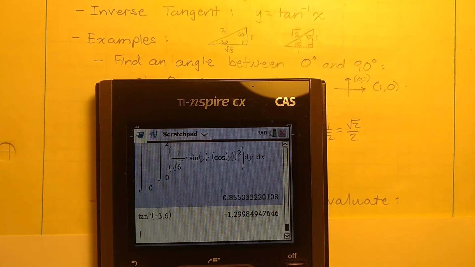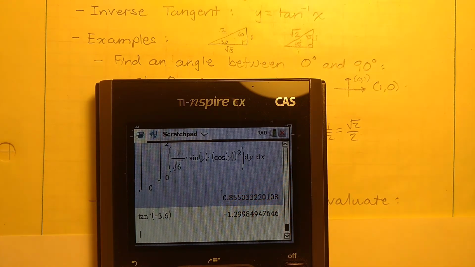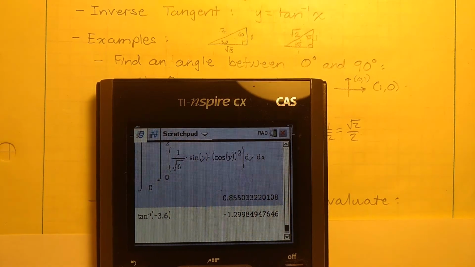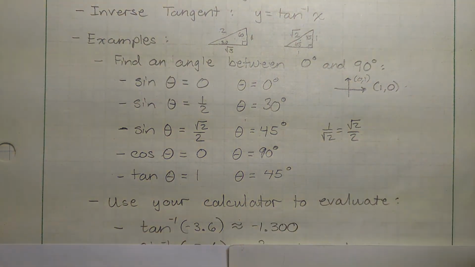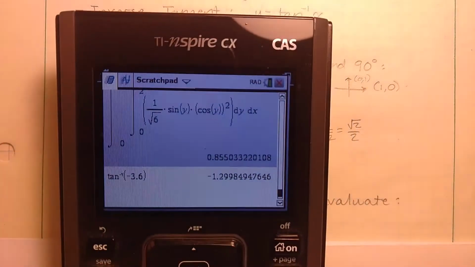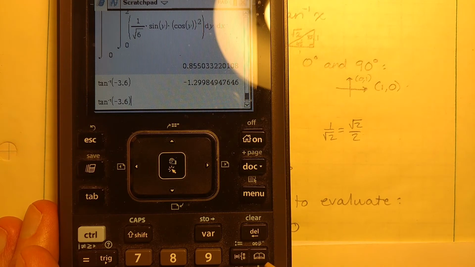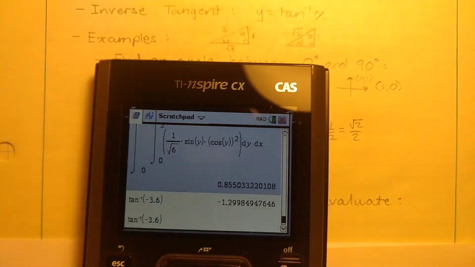It's going to be negative 1.2998 radians, or negative 1.30 radians. So if it wants radians, that's what I would give for an answer. But if it does want degrees, I have to do one of two things. Either I tell it to give it to me in degrees without changing my mode, which means I have to hit my catalog, this button right here.